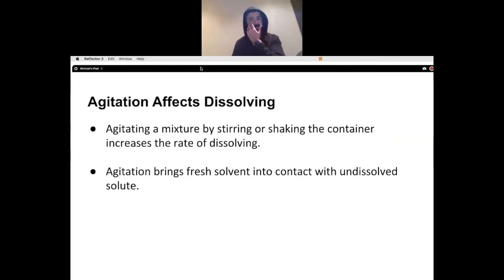Now, agitation affects dissolving. Think about the first thing you do, or the first thing you've seen someone do, the minute they pour a spoonful of sugar into a cup of coffee: they stir it. Stirring is that agitation, that mixing, maybe shaking the container, and it will increase the rate of dissolving.